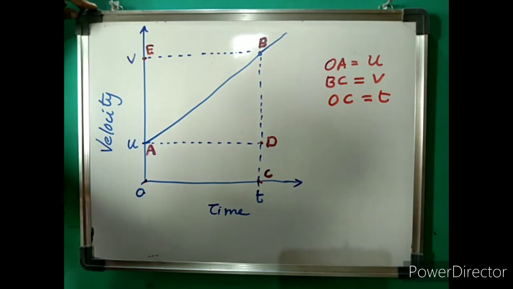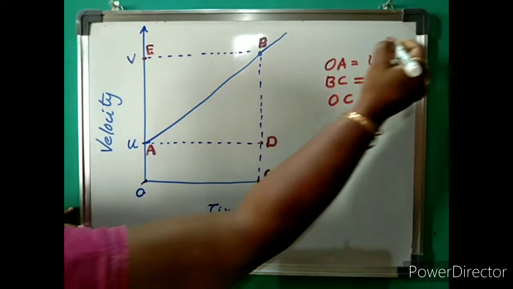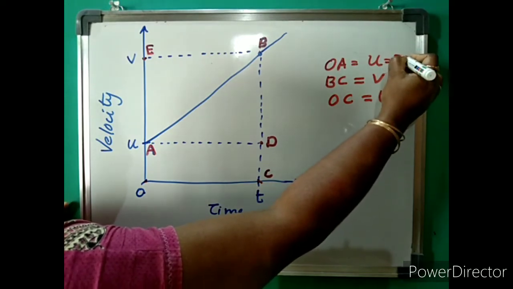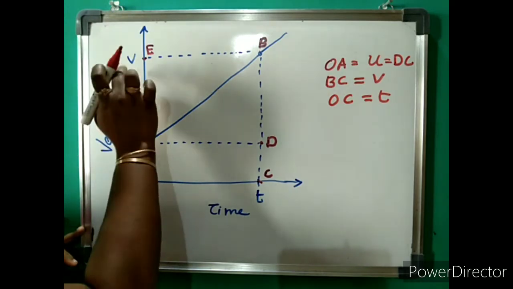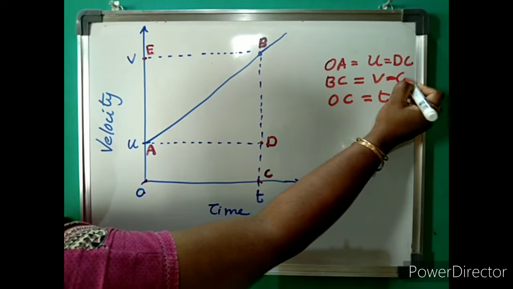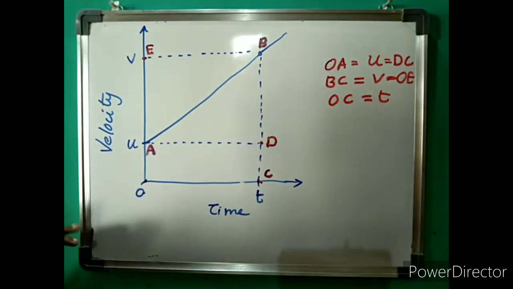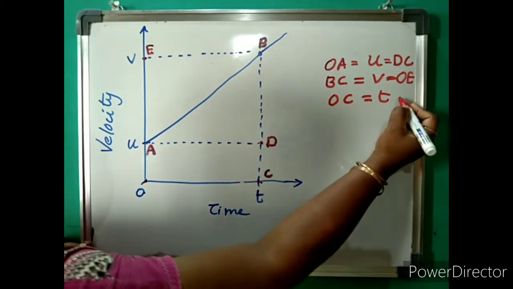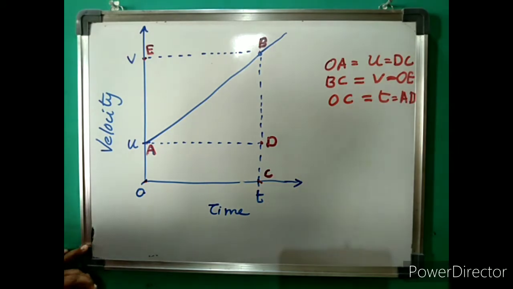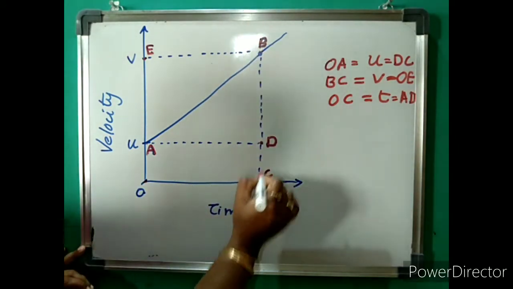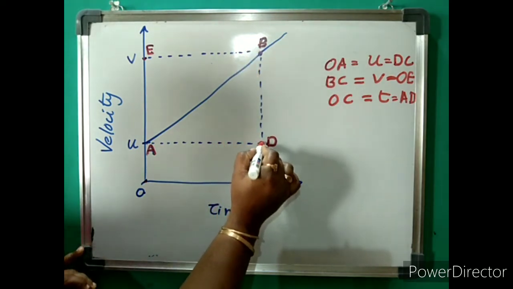OC is equal to T. OA is equal to DC, so OA is equal to U, and DC is also equal to U. BC is equal to V. OE is also equal to BC, that is equal to V. Similarly OC is equal to T, and AD is also equal to T. And BC is equal to BD plus DC.